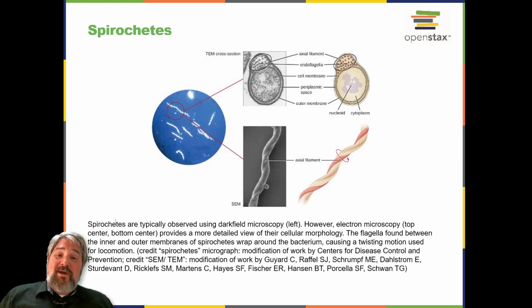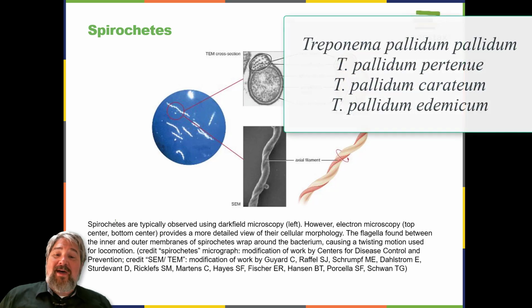Several genera of spirochetes include human pathogens. For example, the genus Treponema includes a species, T. pallidum, which is further classified into four subspecies: T. pallidum pallidum, T. pallidum pertenue, T. pallidum carateum, and T. pallidum endemicum.